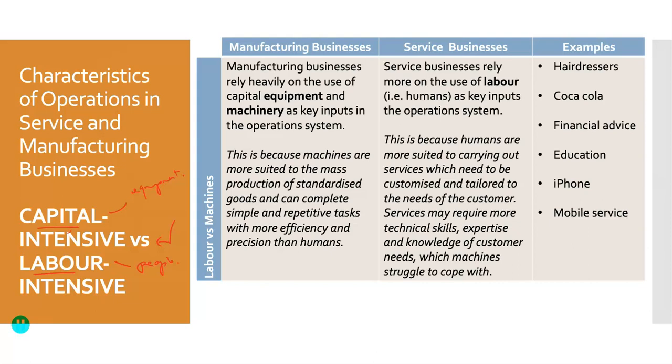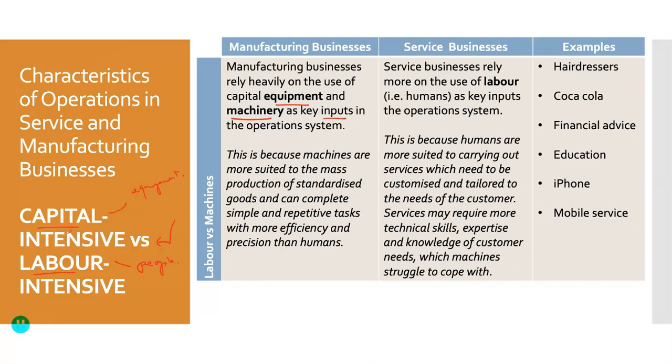Now, manufacturing businesses are going to rely more heavily on the use of equipment and machinery as key inputs in the operation system, and they're going to be very involved in the processes. So, key inputs, we're going to need to have lots of equipment and machinery to start the process. And the equipment and machinery is going to be a key part of the process.